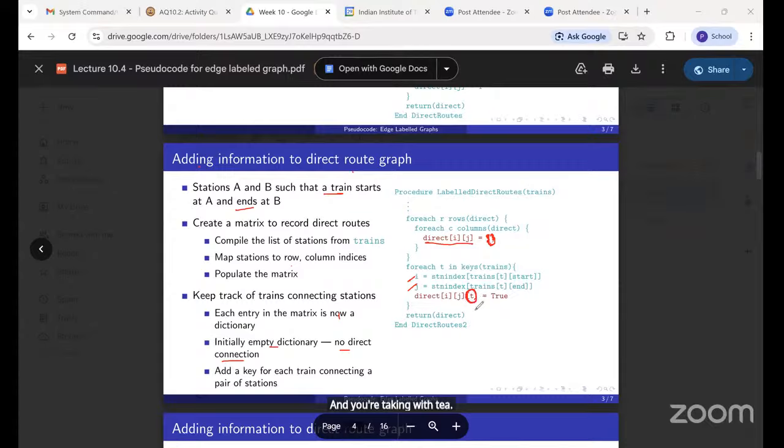Now here we are not adding a distance or something. It says that through this train T, I'm able to reach station A and B. So the direct matrices will look like this: for example, this station name Delhi will have a key, and it will reach the end station called Mumbai.